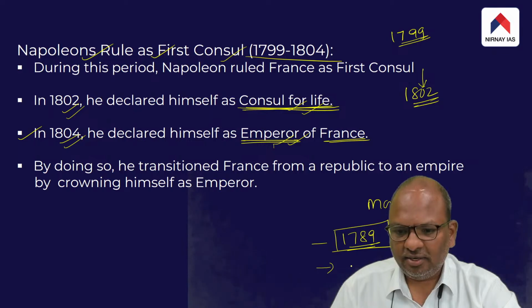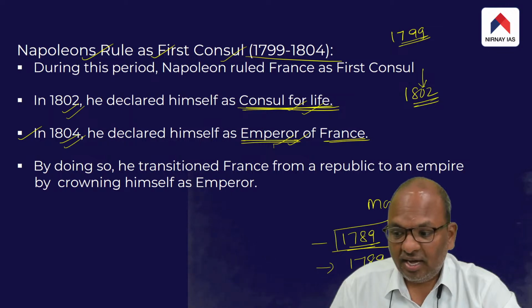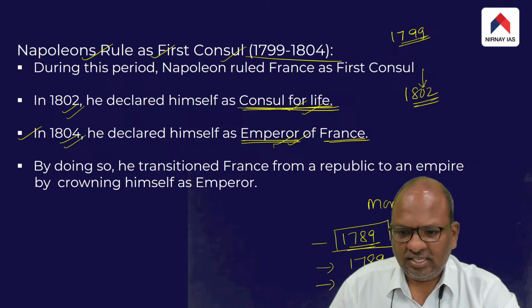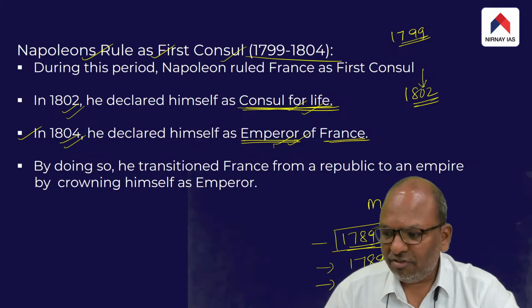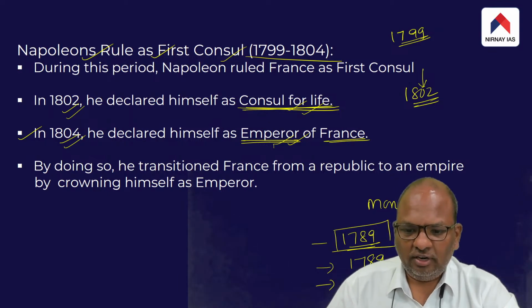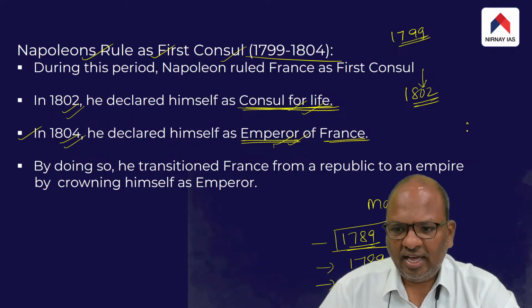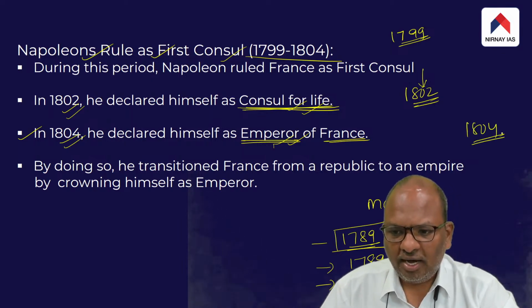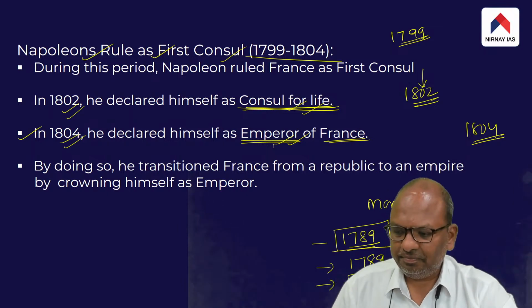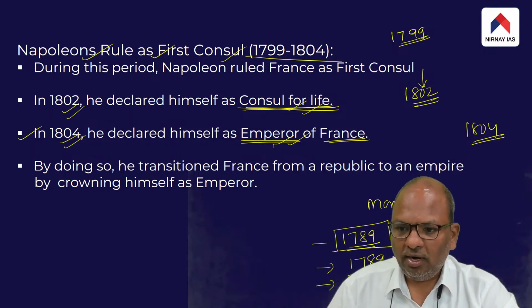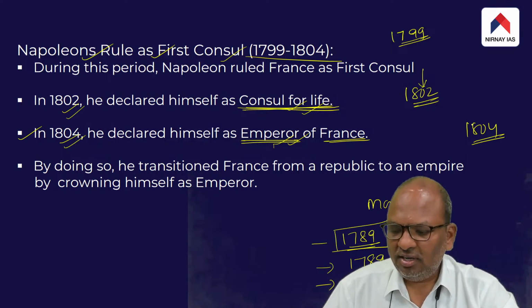Between 1789 to 1791, France remained a constitutional monarchy. But in 1791, people of France once again revolted and declared France a republic. So from 1791 to 1804, France remained a republic.